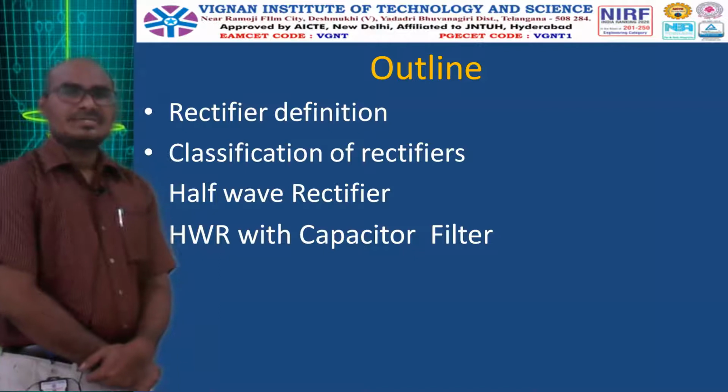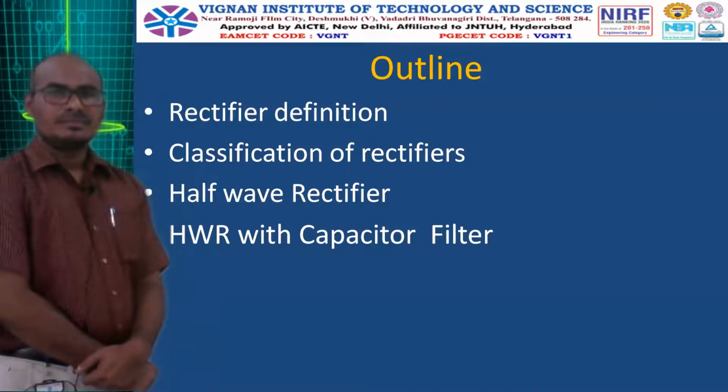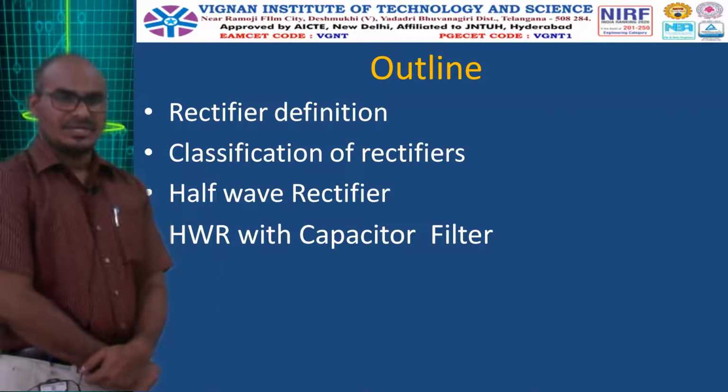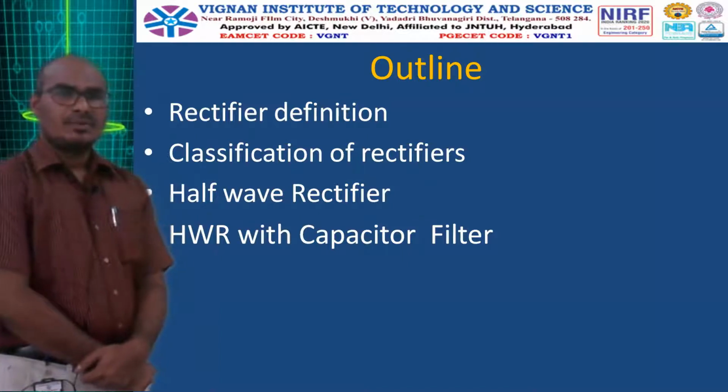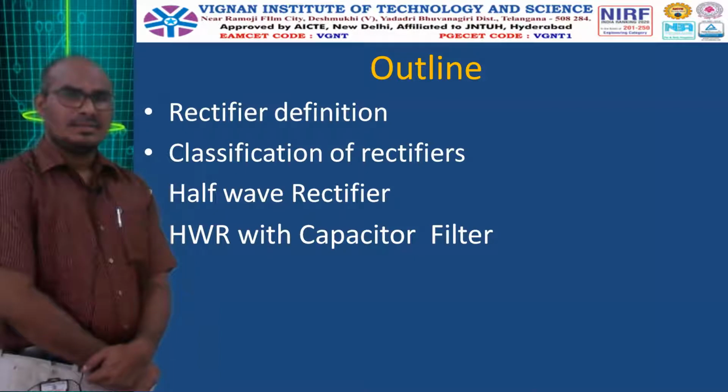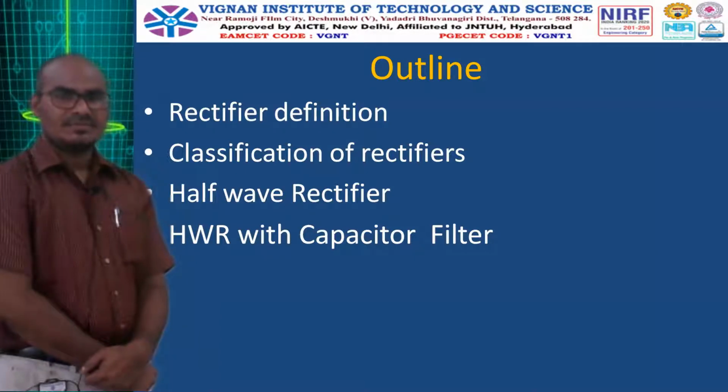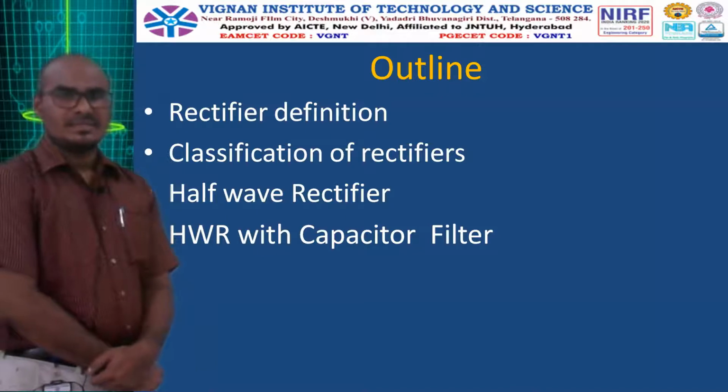So we started with the formation of the PN junction diode, and then we studied the working principle, operation, and characteristics of the PN junction diode, followed by some of its application as a switch.